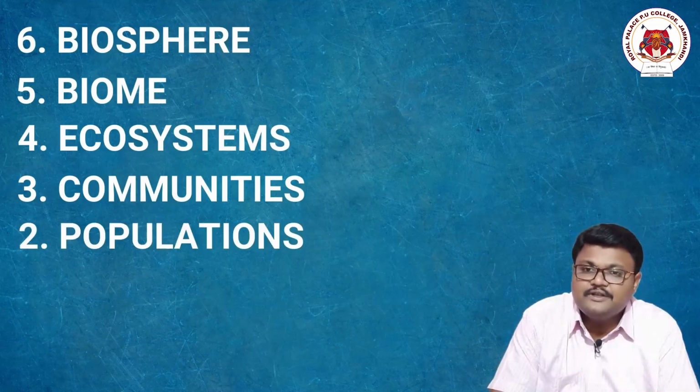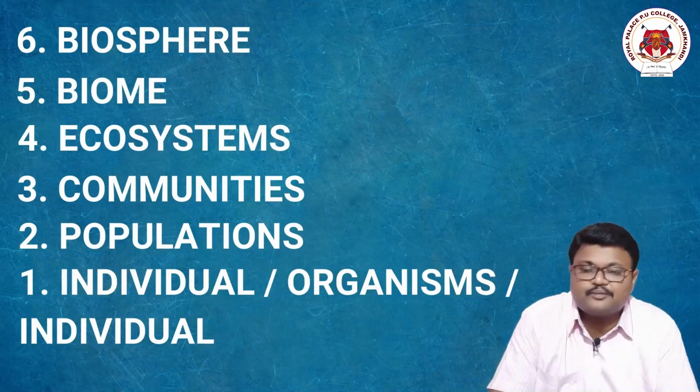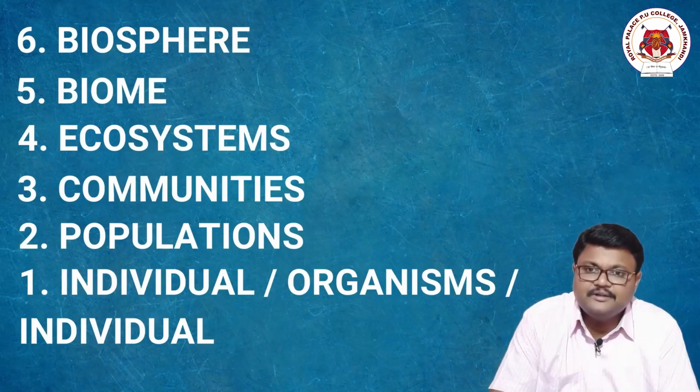And of course, each and every population has its own specific species nature to it. So it starts from the individual level and it ends with the biosphere. It starts with species, individual or organism, next population, next community, next ecosystem, next biome, and the last one, biosphere.